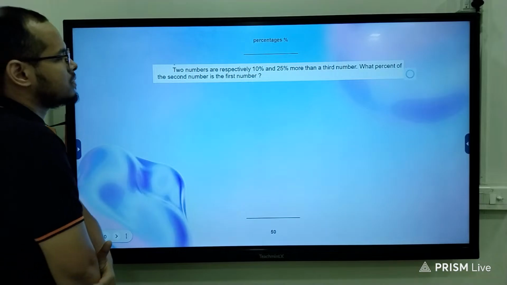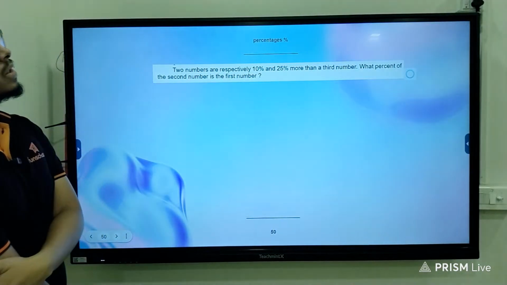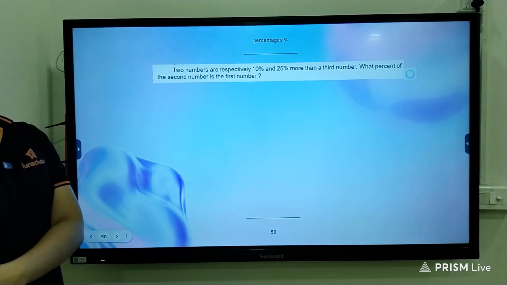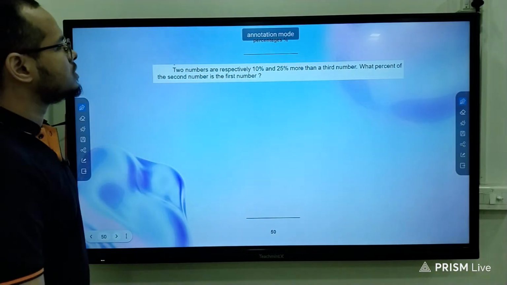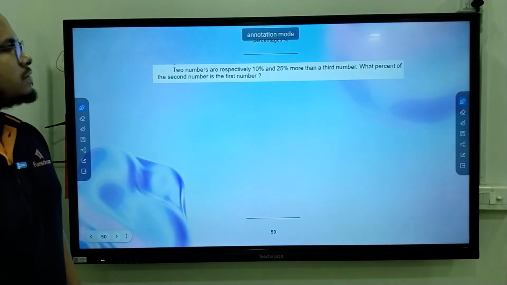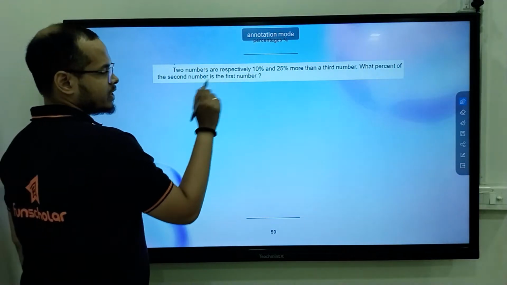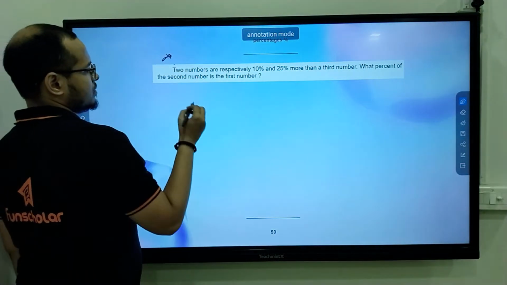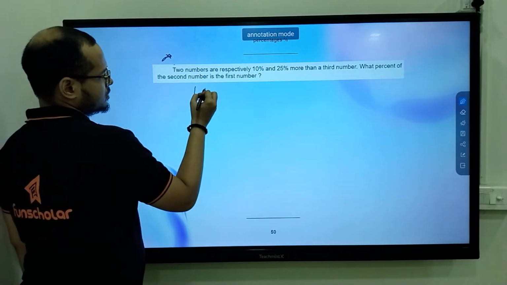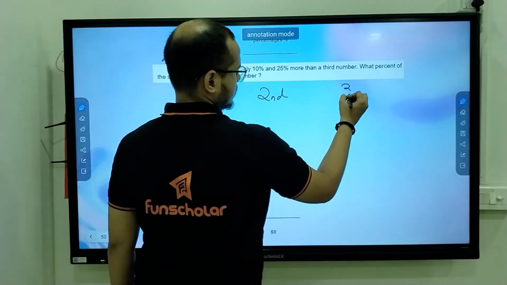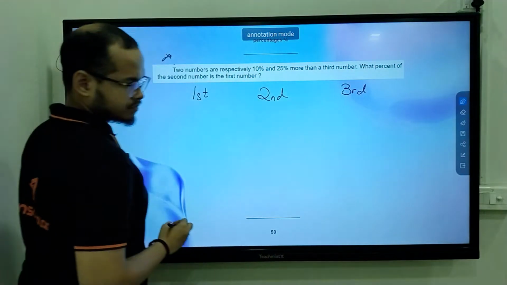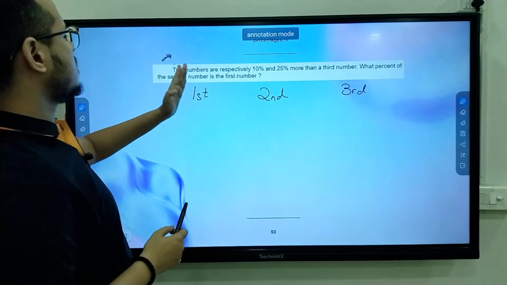Next, two numbers are respectively 10% and 25% more than a third number. What percent of the second number is the first number? This is a very good sum. First, let's read the question.